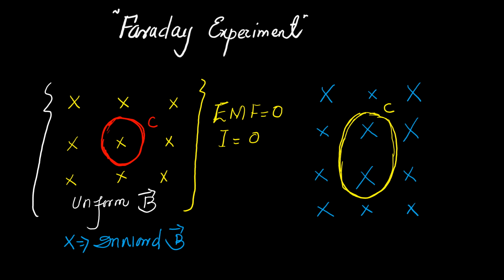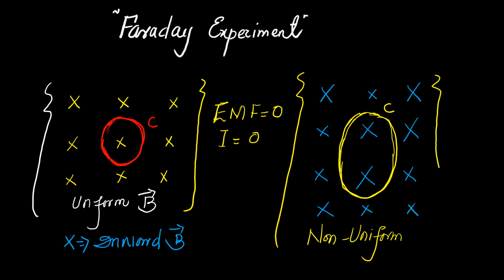So the magnetic field is non-uniform. Faraday observed that whenever the magnetic field lines are non-uniform, there is a change in magnetic field strength at a particular instant of time.